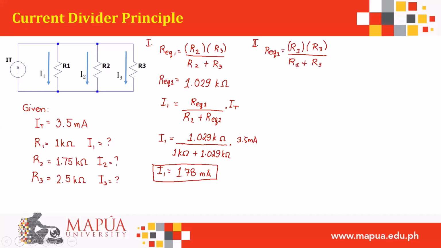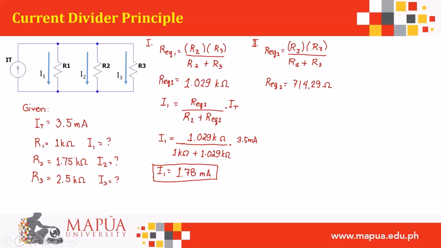Let's go to I sub 2. First, get the equivalent resistance of the two other resistors, R sub 1 times R sub 3 over R sub 1 plus R sub 3. Solving for I sub 2, the resistor involved is R sub 2. That's why we're getting the equivalent resistance of R sub 1 and R sub 3, because that's our numerator.